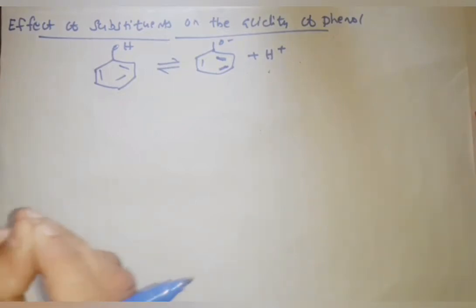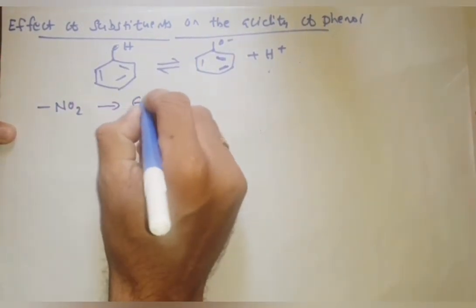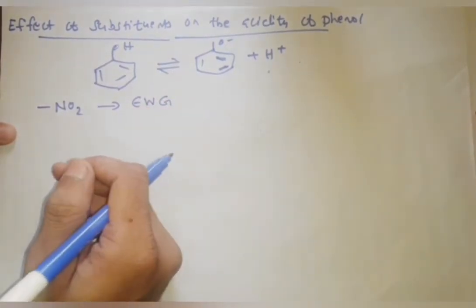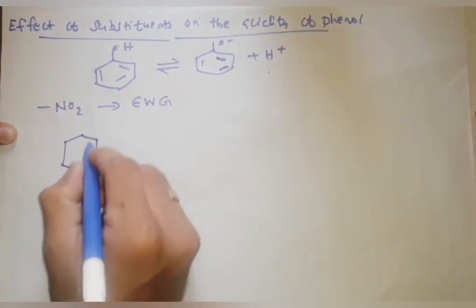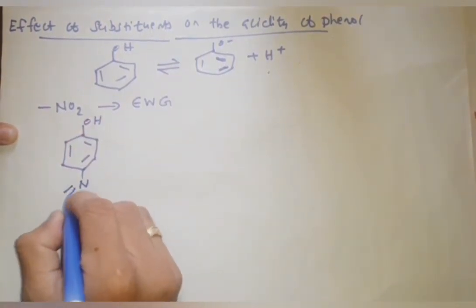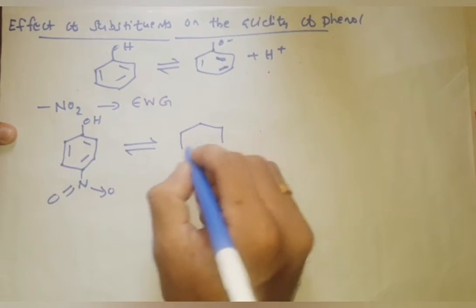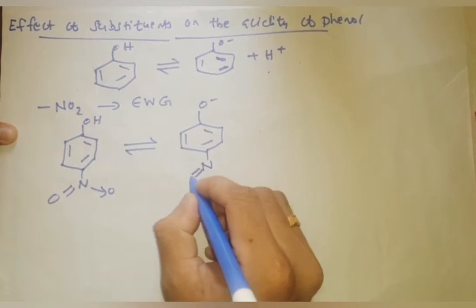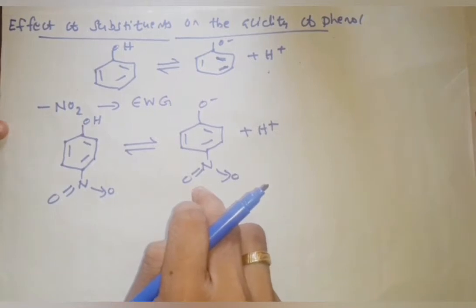Now let us check an example. NO2 is an electron withdrawing group. EWG means electron withdrawing group. Let us check para-nitrophenol. Para-nitrophenol ionizes to give para-nitrophenoxide ion and H plus.